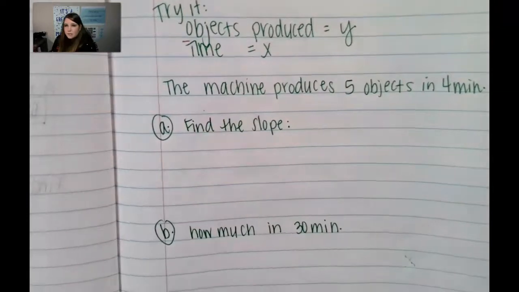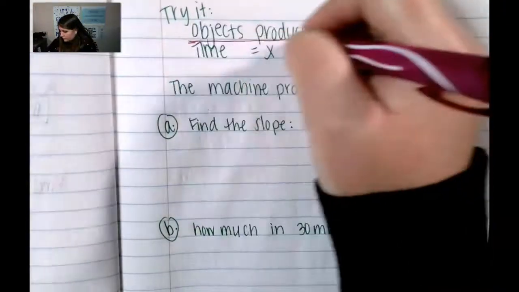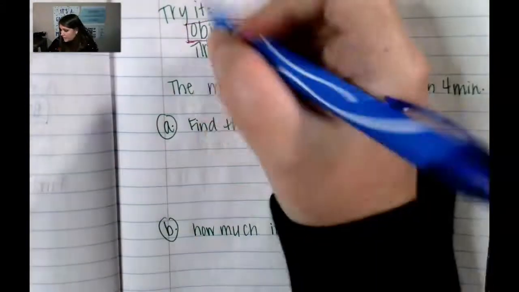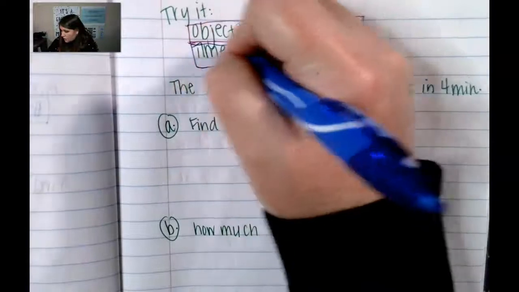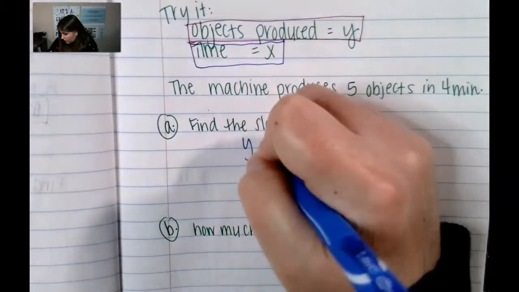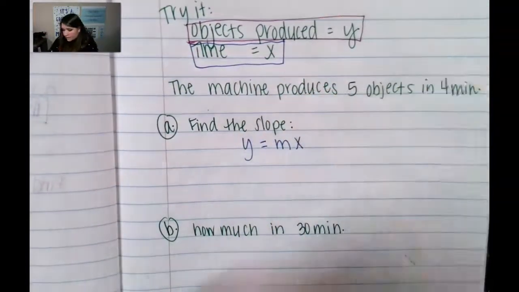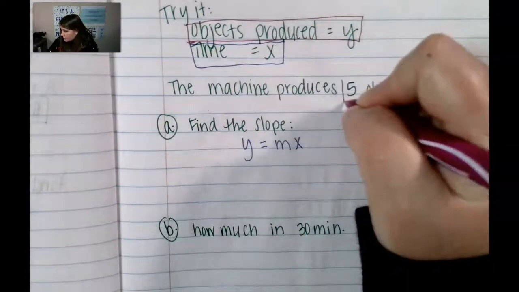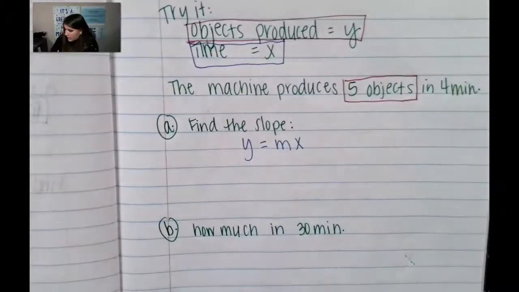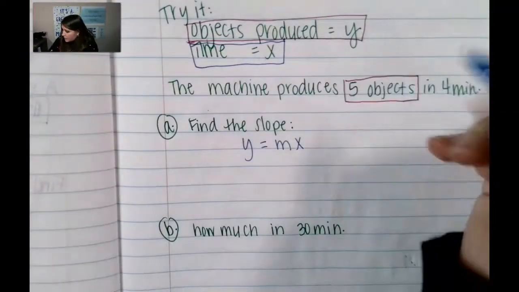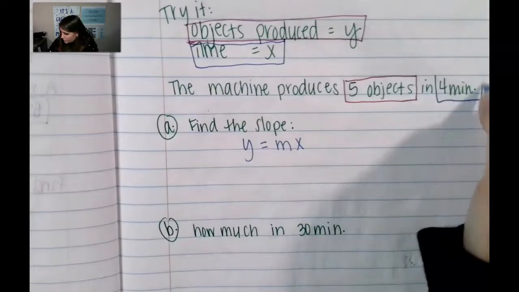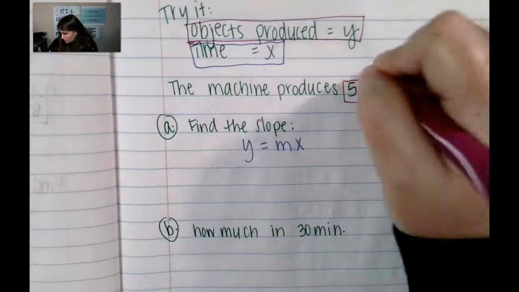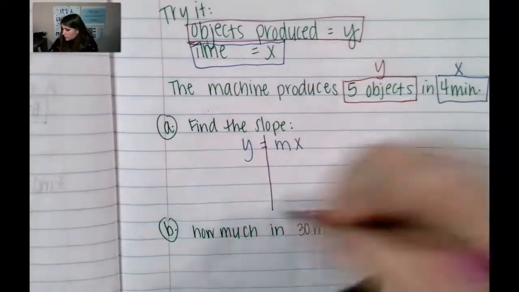So it says objects produced is Y. The time it takes is X. We are creating Y equals MX. So our Y, objects produced, is 5 objects. And we are looking at time of 4, so there's our X. There is our Y. So now we're just going to use some substitution.